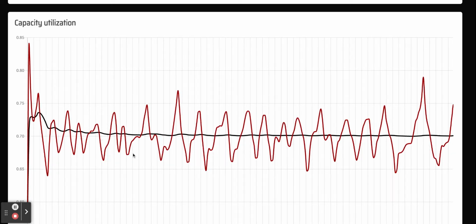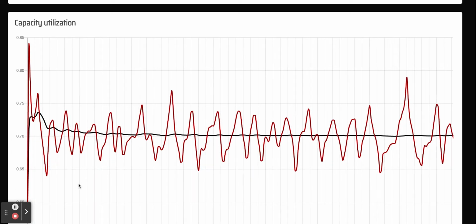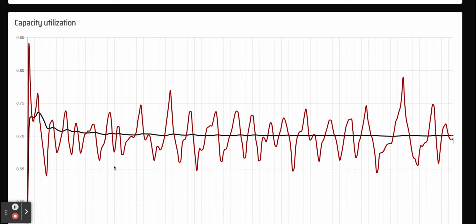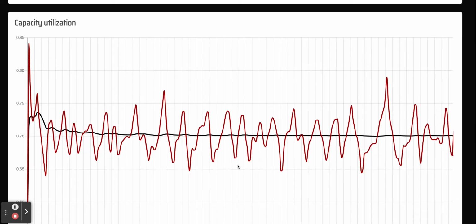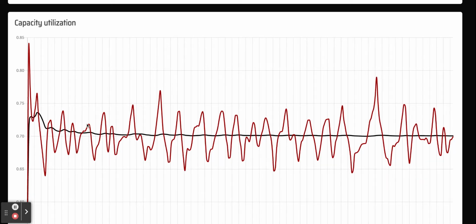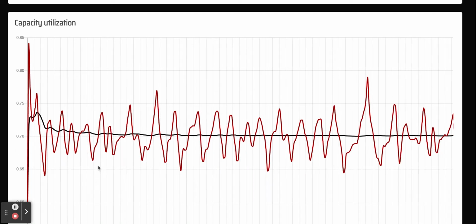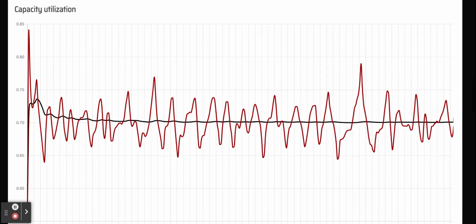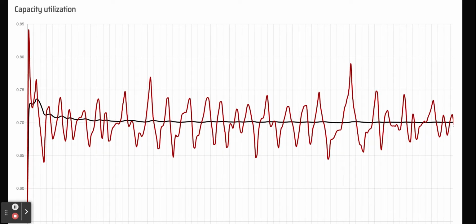Right now with the default parameters, they want 70% of capacity utilized. And so they're making these adjustments to their rate of capital accumulation. That's causing all these fluctuations in this red line. But you can see, again, the long run average, which is this black curve, is getting closer and closer to this desired value of 70%.